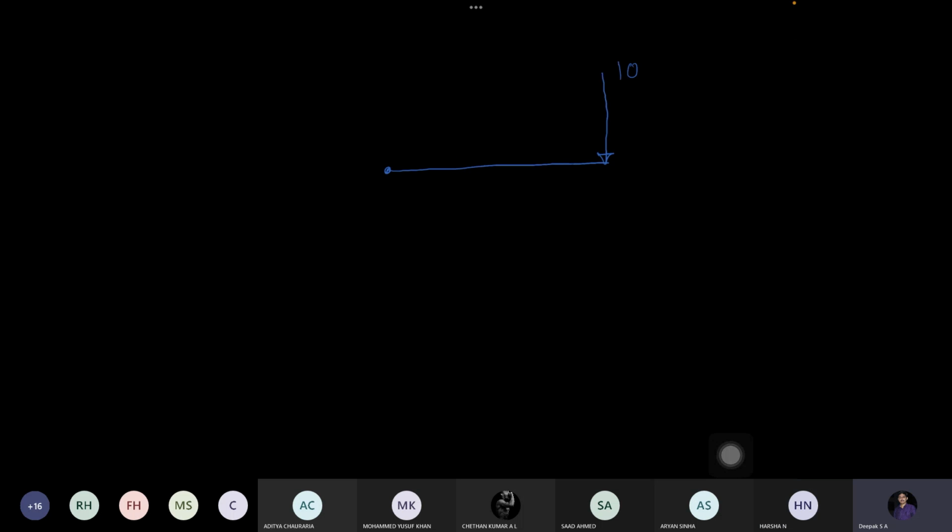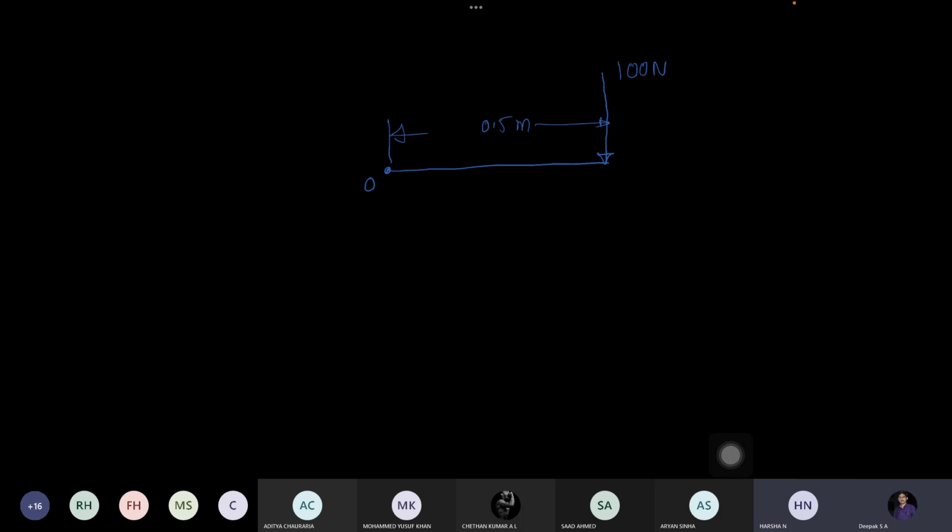This will be 100 Newton, and this distance is 0.5 meter. So now, if I ask what is the moment of the force 100 Newton with respect to the point O, can you calculate?